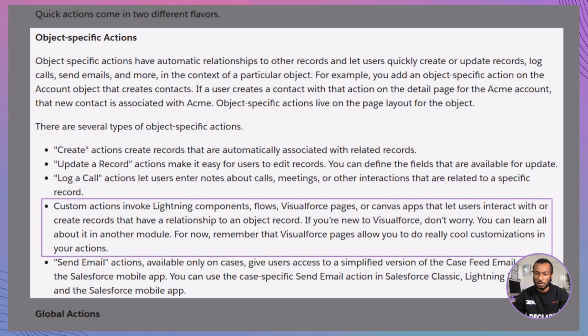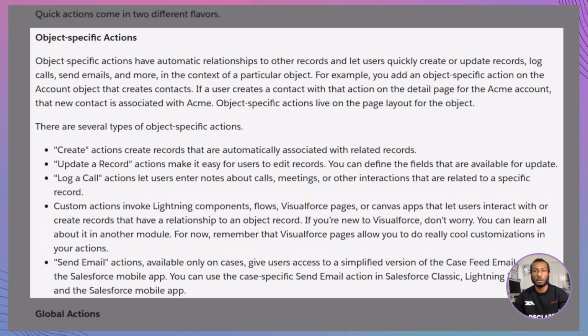Custom actions. These can invoke Lightning components, flows, Visualforce pages, or Canvas apps, enabling users to interact with or create records linked to a specific object. Send email actions. These are available only for cases. These provide users with a simplified version of the case feed email action, particularly useful in the Salesforce mobile app.